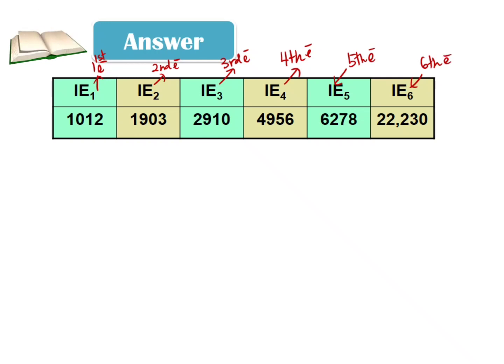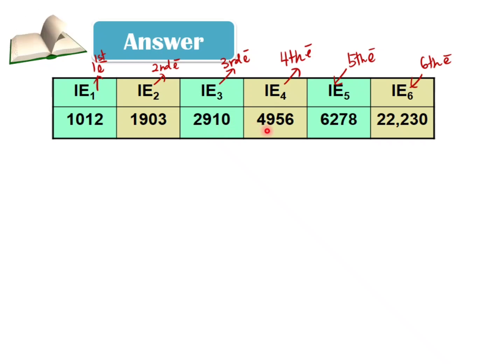Okay, now we want to identify the valence electron. So nak tahu valence, kita tengok nilai yang diberi dalam table ni. Dekat mana nilai yang berlakunya sudden increase. So kita ada 1012 here, and then dia naik sikit 1900, naik sikit 2900.